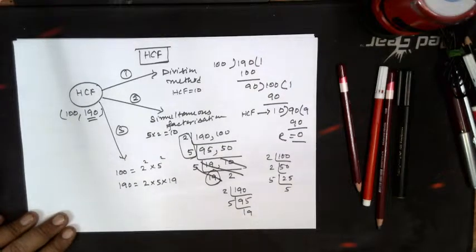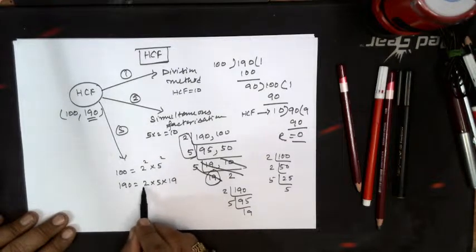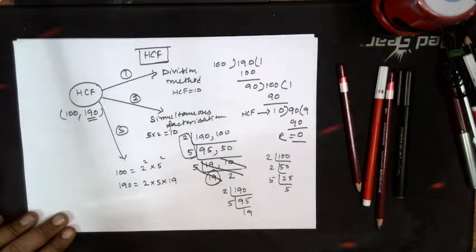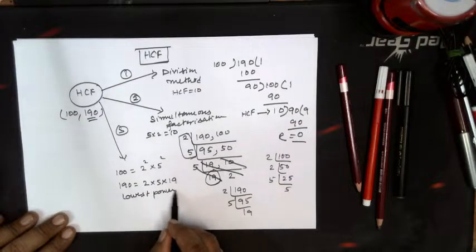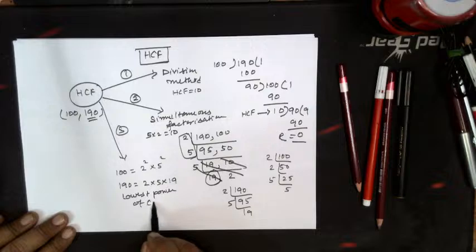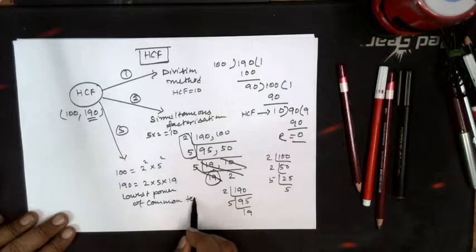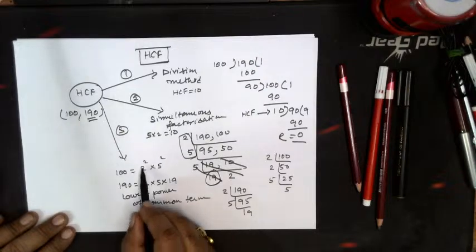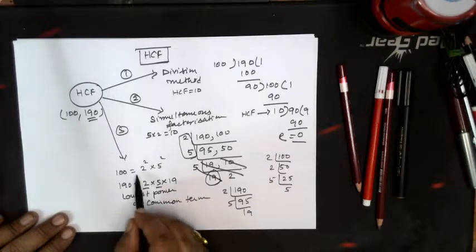Okay, so you have to consider the lowest power of the common term. Do you understand? Take the lowest power of the common term. So in that case the common terms are 2 and 5.